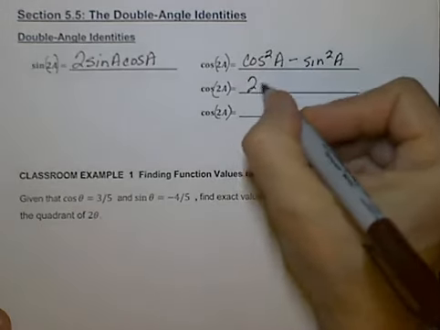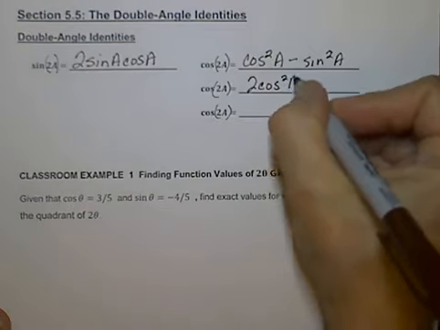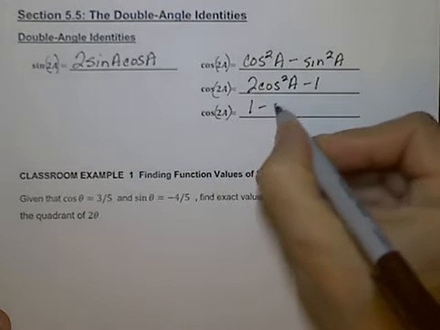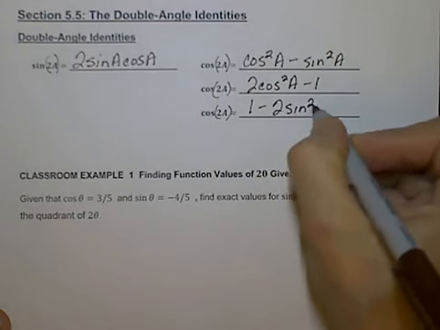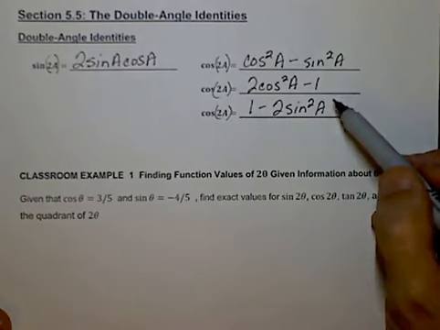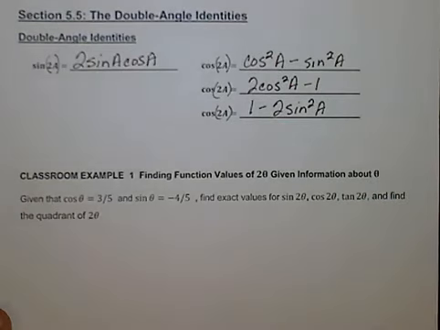Another form of this is 2 cosine squared a minus 1. And a third form is 1 minus 2 sine squared a. For cosine of 2a, you can use any one of these 3 forms. Which one we use is going to depend a lot on what we're doing and what information we already have.